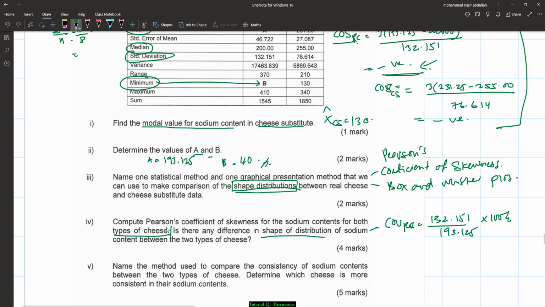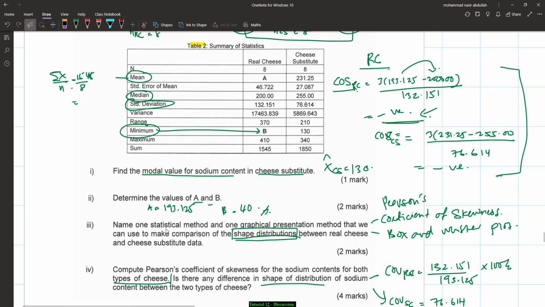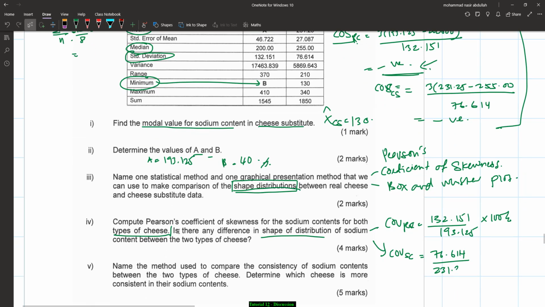And for this one, COV for substitute cheese, this is 76.614 divided by 231.25 multiplied by 100%.